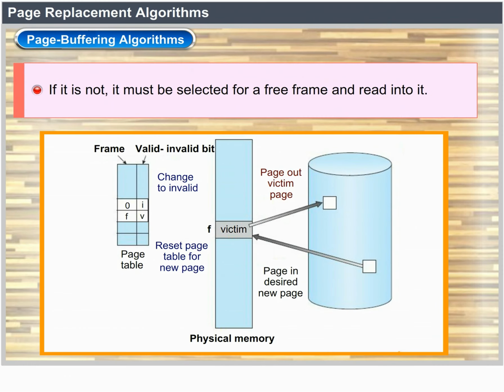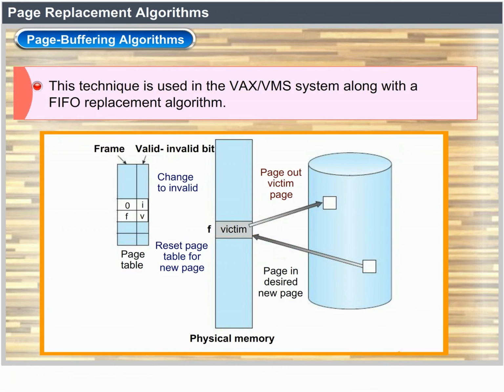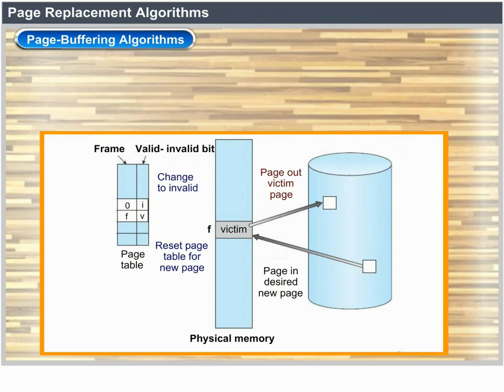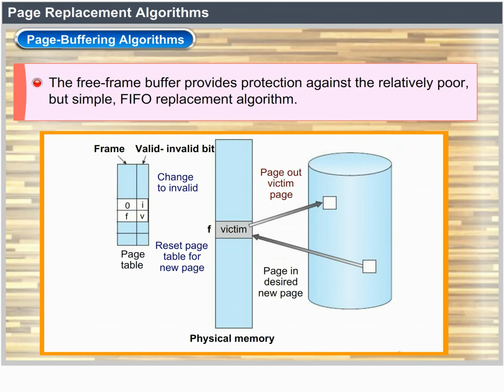This technique is used in the VAX/VMS system along with a FIFO replacement algorithm. When the FIFO replacement algorithm mistakenly replaces a page that is still in active use, that page is quickly retrieved from the free frame pool and no input-output is necessary. The free frame buffer provides protection against the relatively poor but simple FIFO replacement algorithm.